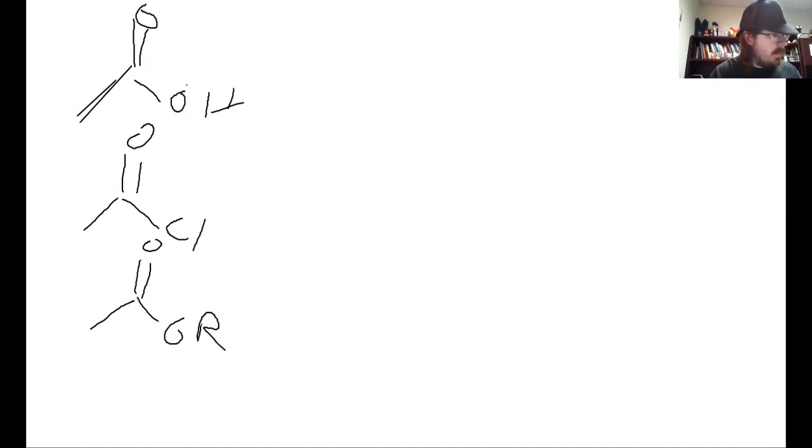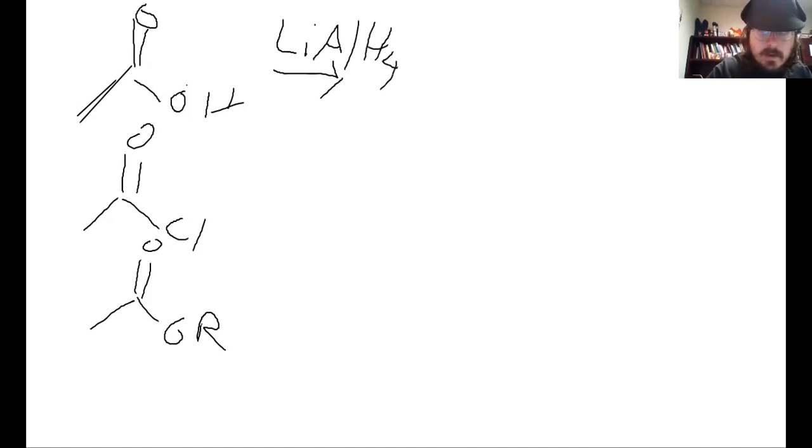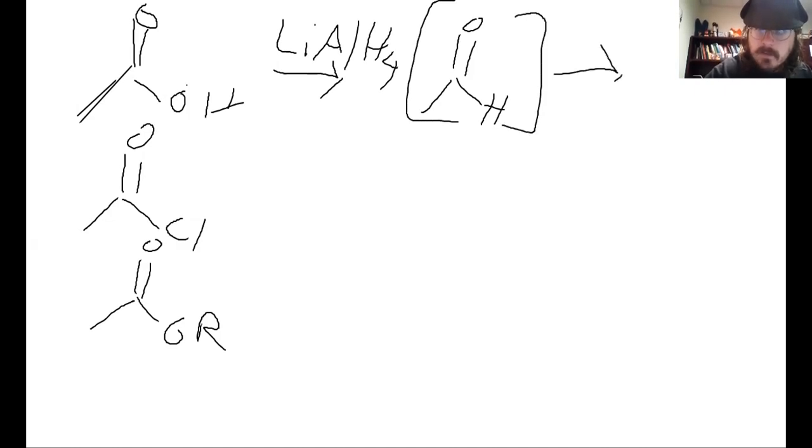Now the problem is here with some of these, if I just try to add lithium aluminum hydride, yes, they will end up going to aldehydes. But unfortunately, this is very reactive, and it will keep reacting until we get to a primary alcohol.